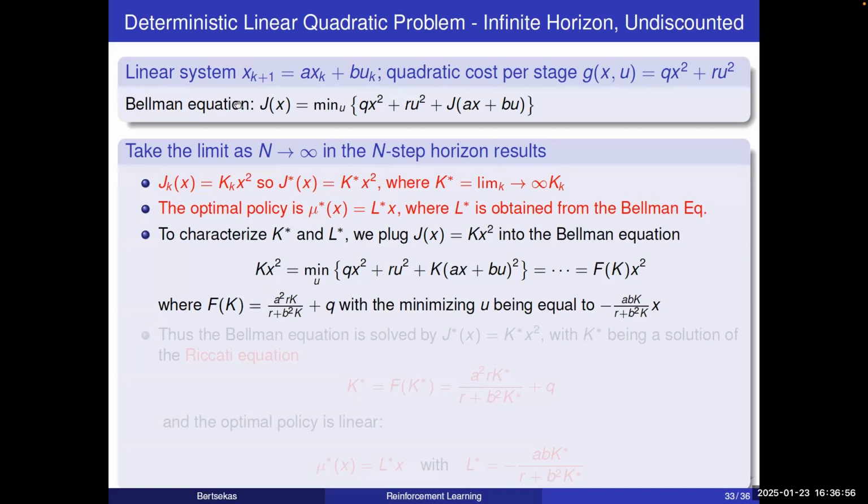Remember, Bellman's equation says that we need to find a function that satisfies this equation for all x. In the linear quadratic problem, how many x do we have? Infinitely many, right? Because this is a scalar problem. x can be anything on the real line.